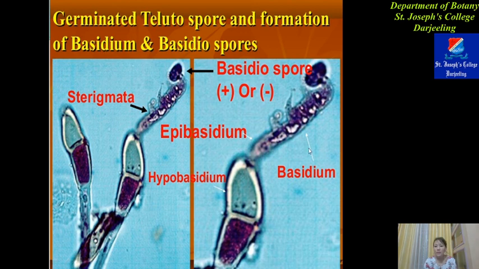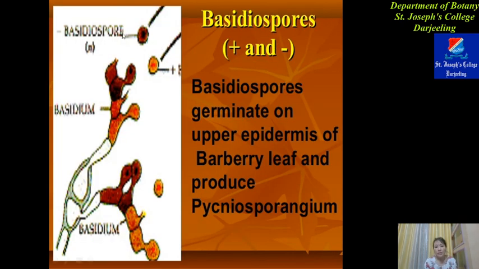After the basidiospores are formed, they continue the life cycle in the secondary host. These basidiospores are haploid and may be of plus strain or minus strain. After liberation or dissemination from the teliospores, they germinate on the upper epidermis of the Berberis leaf and produce another type of spore, known as pycniospores, within the pycnium.